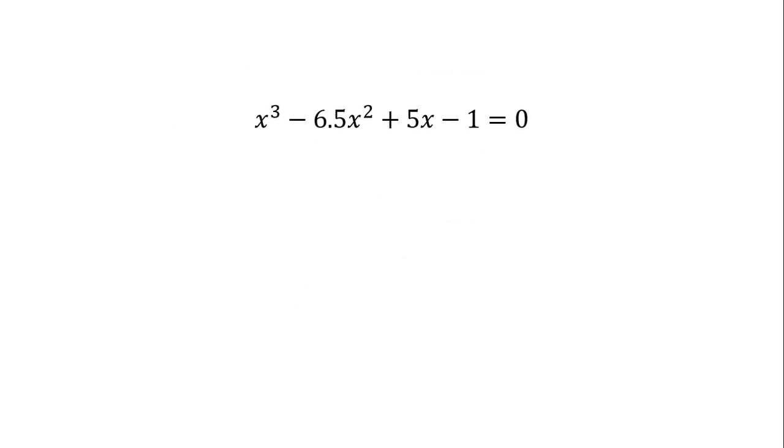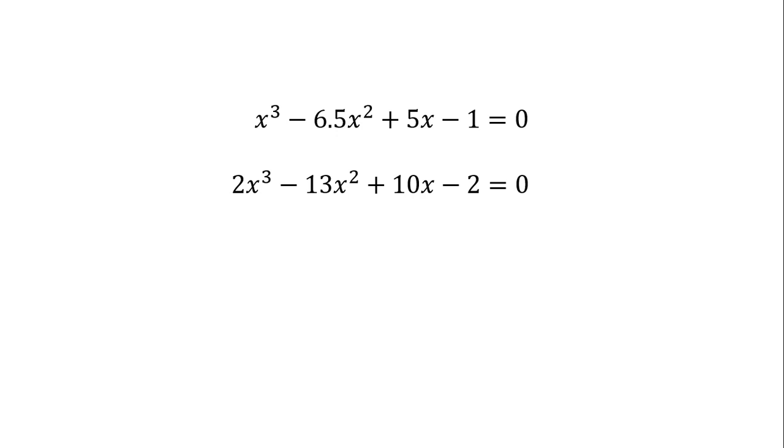Now we obtain x cubed minus 6.5x squared plus 5x minus 1 equals 0. Now to make all the numerical coefficients integers, I will multiply both sides by 2. And then we will have 2x cubed minus 13x squared plus 10x minus 2 equals 0. You can easily check by using the rational root theorem or the remainder theorem that x equals 1/2 is a root of this cubic equation.